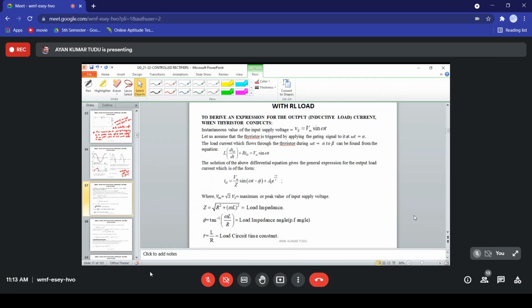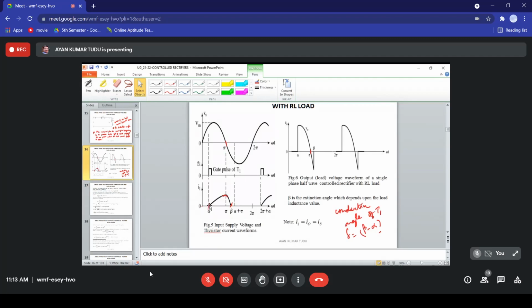Since this is the general expression for the output load current, we have to find the value of this constant A1. How can we do that? The value of this constant can be determined from the initial condition. What is the initial condition? At omega t equal to alpha, our I0 is equal to 0.